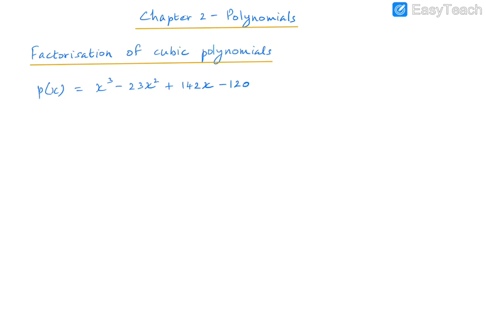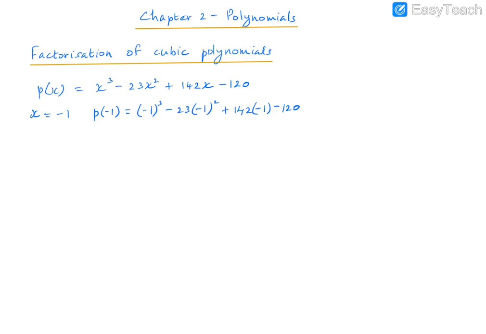So let's try x equals minus 1. If we put x equal to minus 1, we will get p of minus 1, and when we substitute minus 1 in this expression, we will get minus 1 cube minus 23 into minus 1 square plus 142 into minus 1 minus 120. And what does this evaluate to?